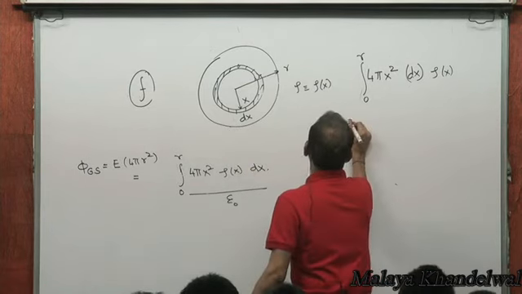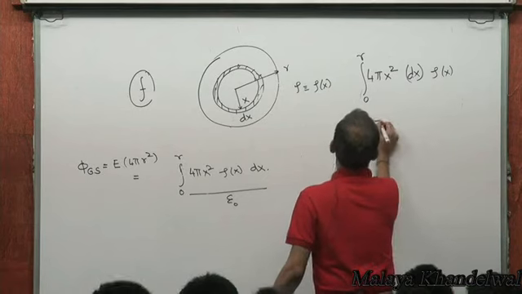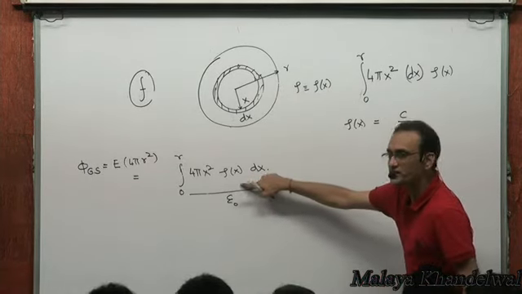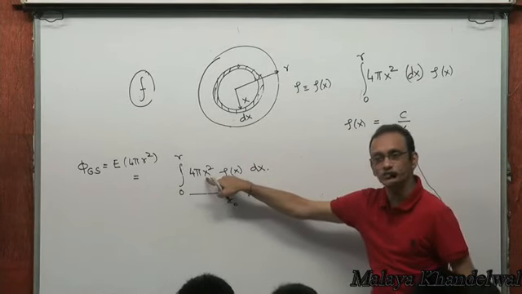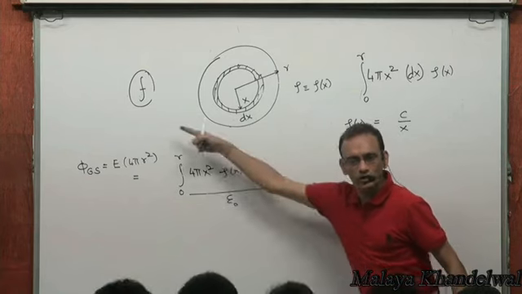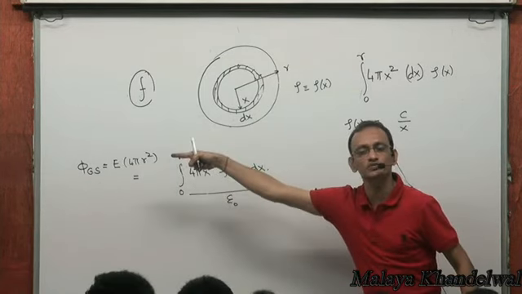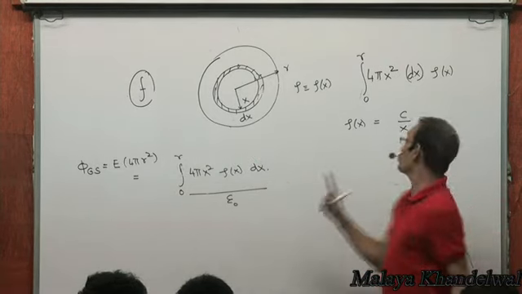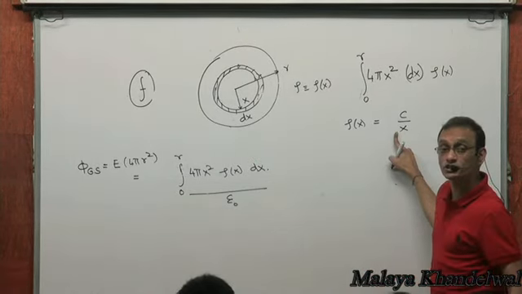So very clearly, rho of x should be some constant c by x. If rho of x is some constant c by x, then this x and this x will get cancelled, leaving me with some R square on supplying the limit, and the two R squareds would get cancelled, and E would be independent of R. So this is how rho should be as a function of x.